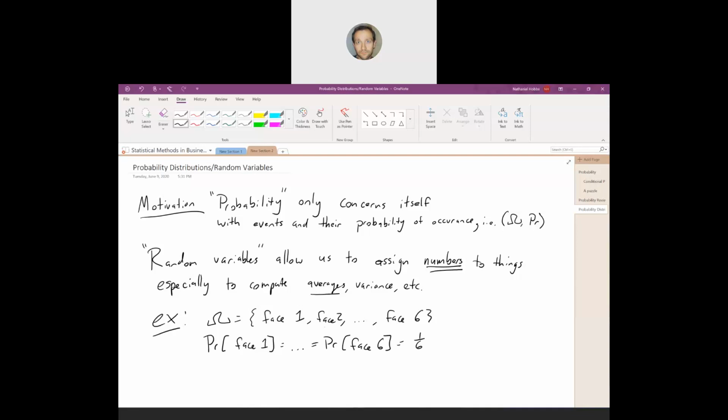One thing to notice about these outcomes, these possible events, is they can be anything you want. It can be numbers, it can be letters, it can be symbols, it can be abstract things, it can be objects, it can be paintings, it can be movies, anything you want, you can put inside of a set.